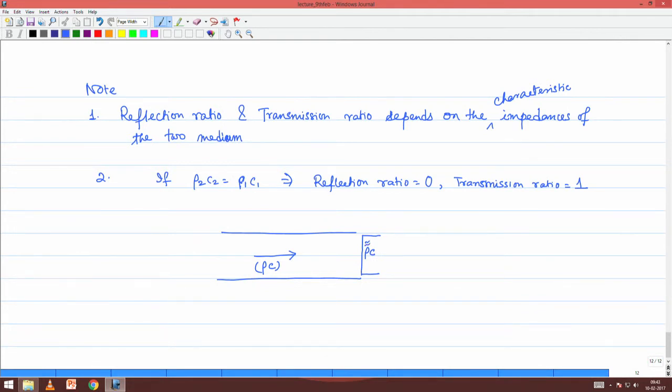Then we will find that though this is a bounded domain, since it is bounded by a wall where the impedance matches with the impedance of the incident side, there will be no reflection. So, virtually this is an infinite domain.